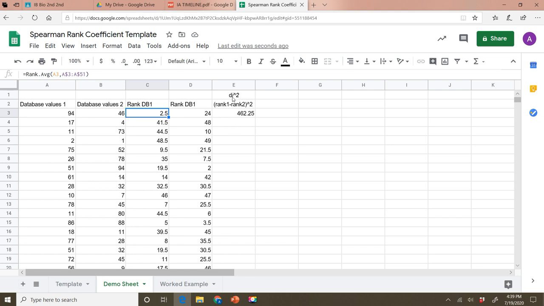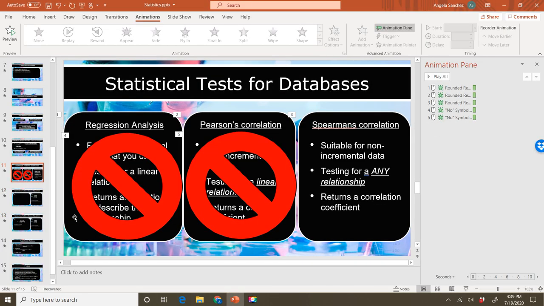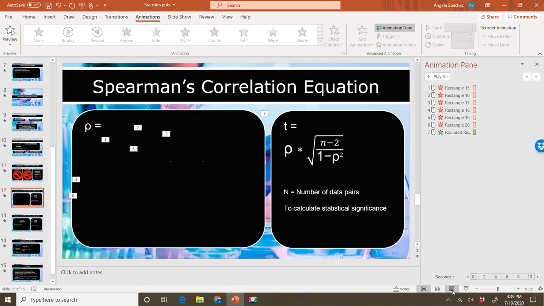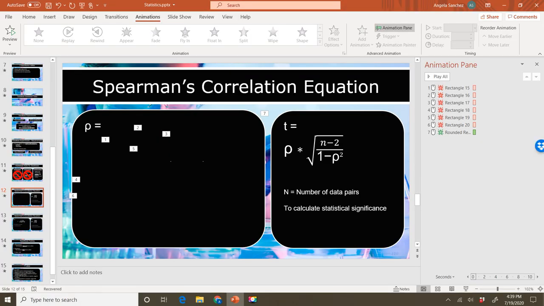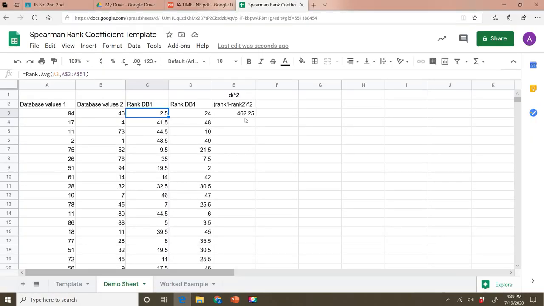Okay, so let's talk about this di squared. The di squared is this part of the equation. This is the difference in rank squared. For this number, you're doing it by pair location.